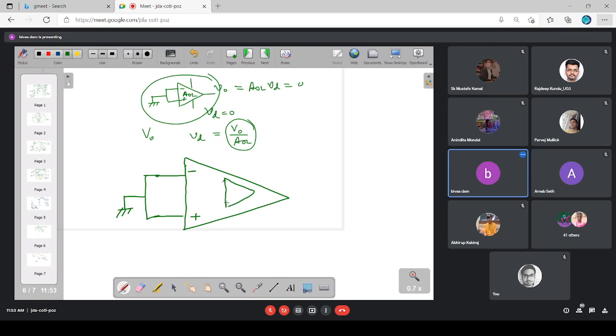Ideal means that if the two input terminals are at the same potential, the output is guaranteed to be 0.